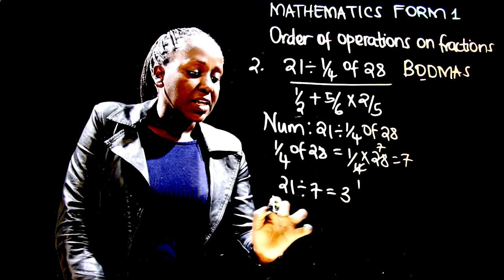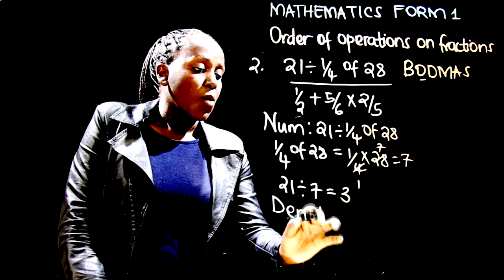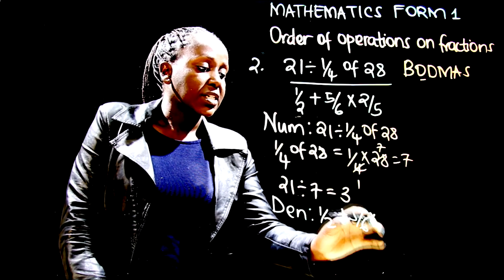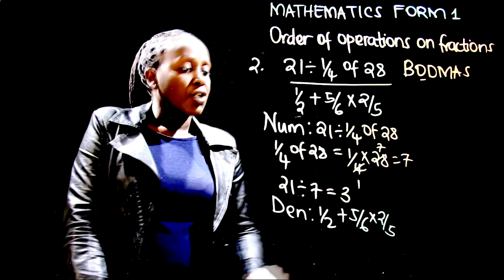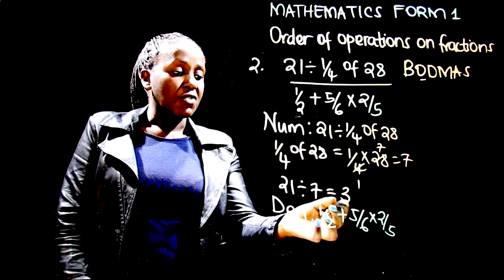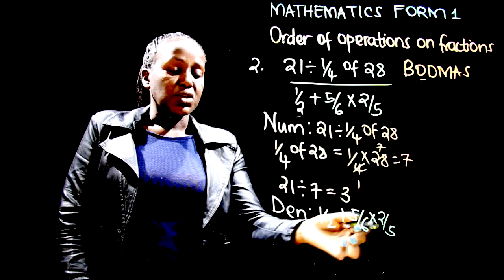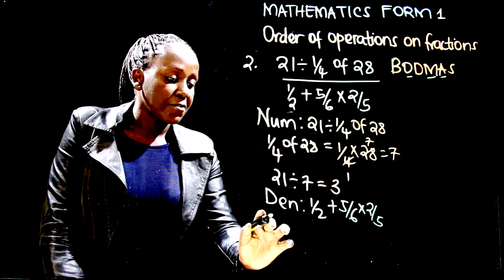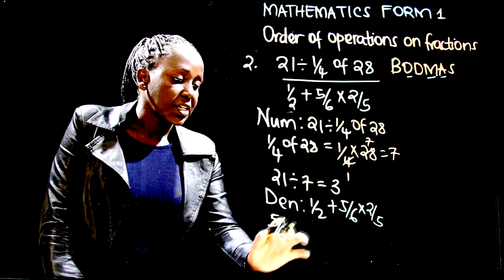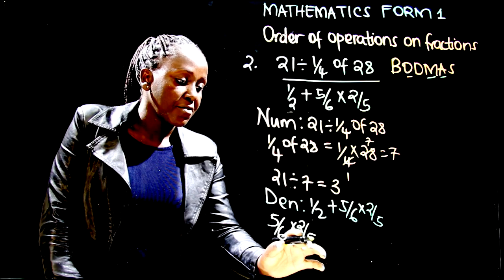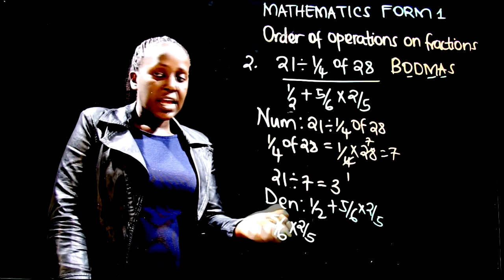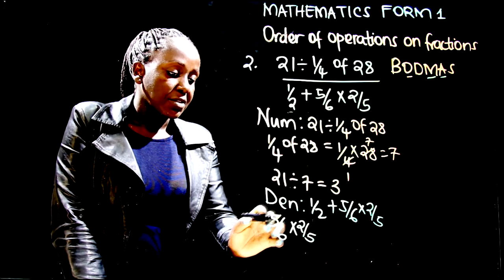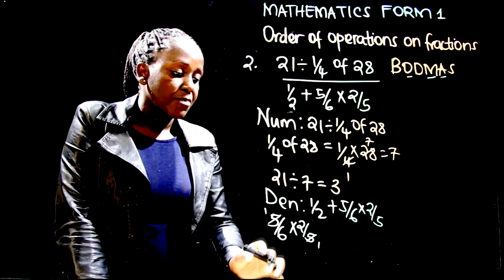Next, we work on the denominator. The denominator is 1 over 2 plus 5 over 6 times 2 over 5. Here we have the operation of addition and multiplication. Since multiplication comes before addition, we start with 5 over 6 times 2 over 5. Are there any numbers that we can simplify? We can cancel out the 5 with the 5.